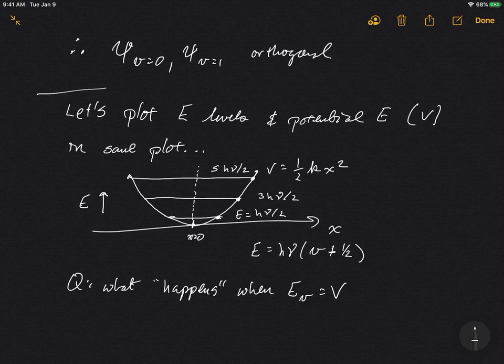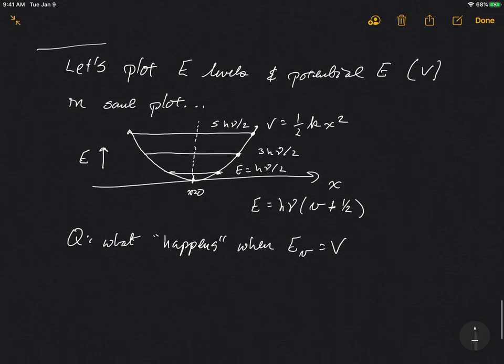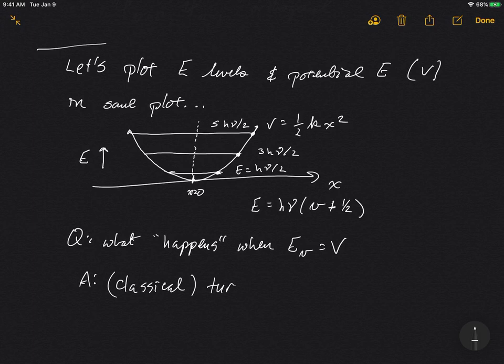So if we think about this classically, if we start off with the system classically with the energy of h nu over 2, whenever E equals V, that corresponds to something called the classical turning point.